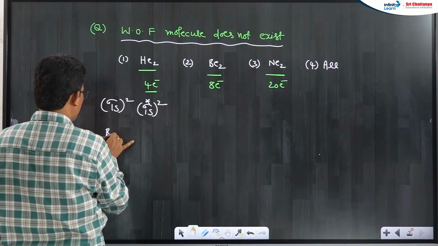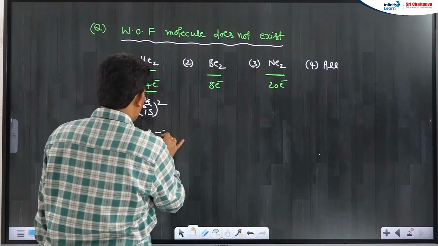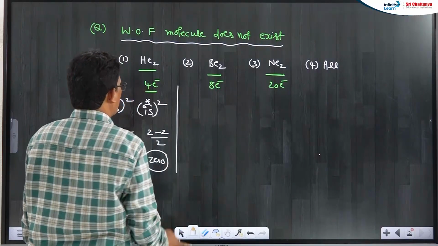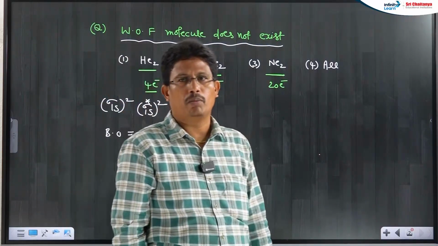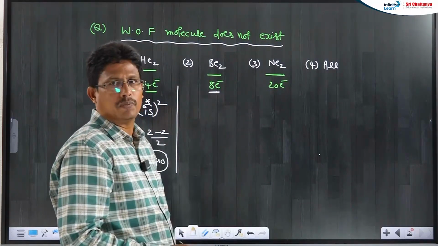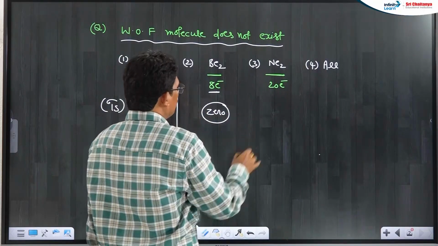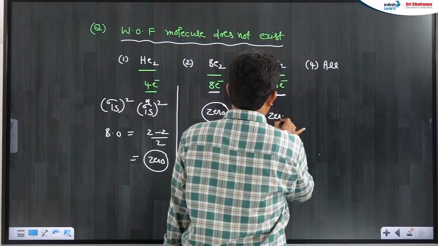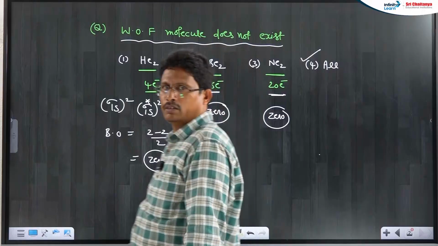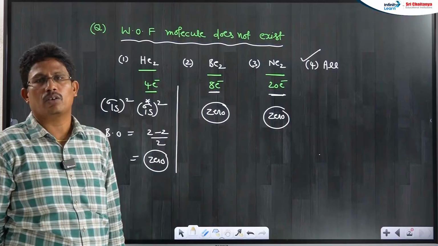So bond order is bonding electrons 2 minus anti-bonding electrons 2, divided by 2, which is 0. For 8 electrons bond order is 0, and for 20 electrons also bond order 0. If bond order is 0, the molecule never exists. So the above diatomic molecules do not exist.